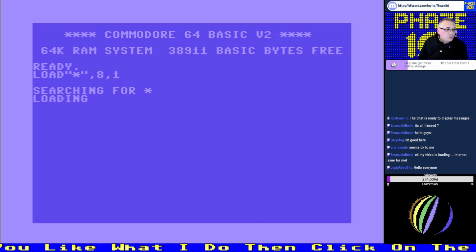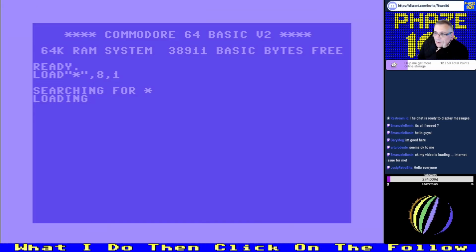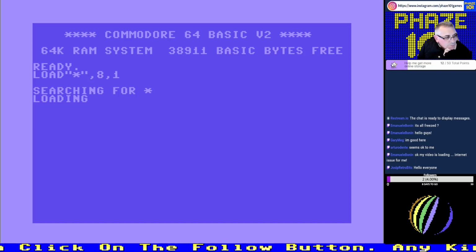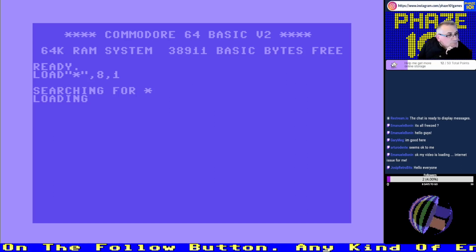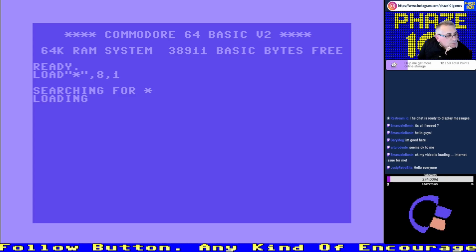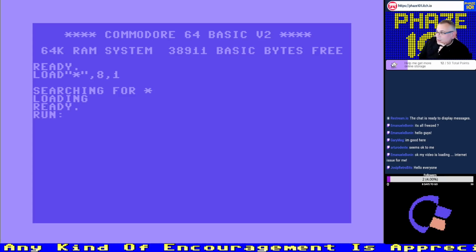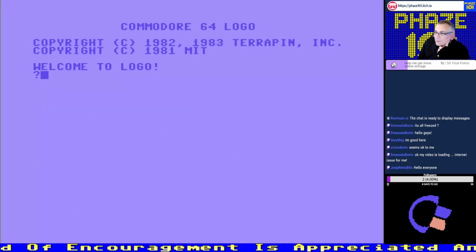This takes long to load. For some reason, Logo takes long to load. Instead of Logo, it would be Longo. Yeah, so, okay, it loaded.